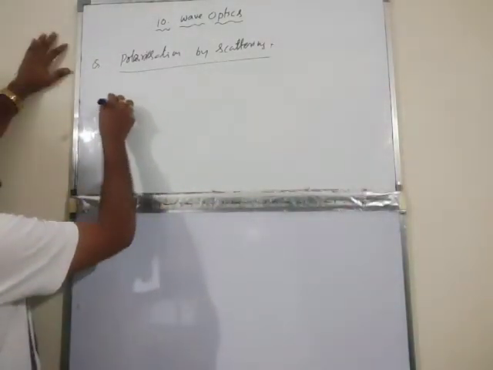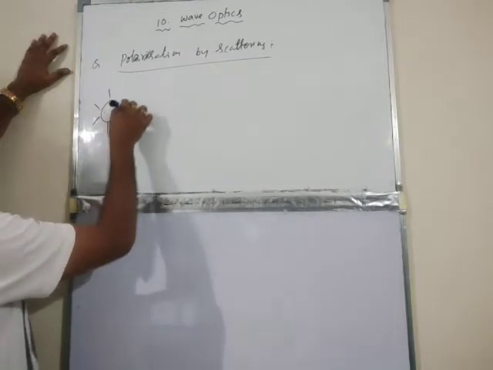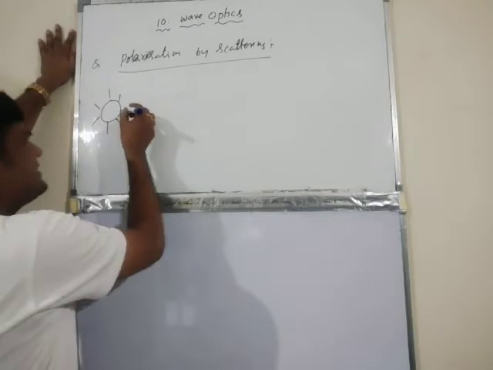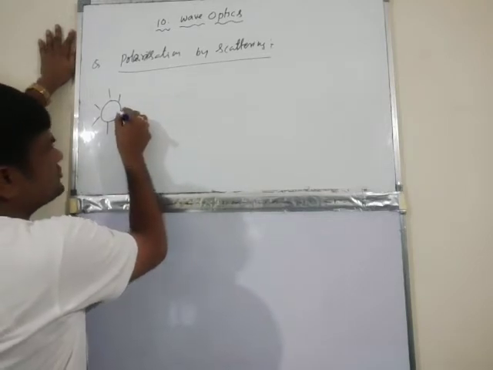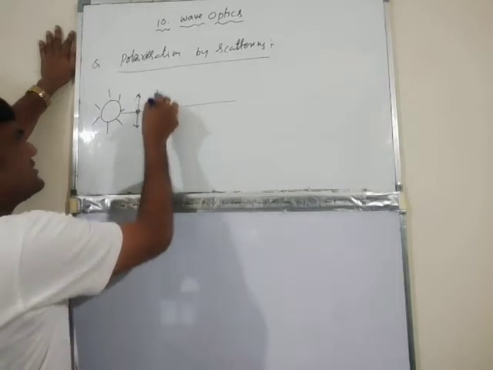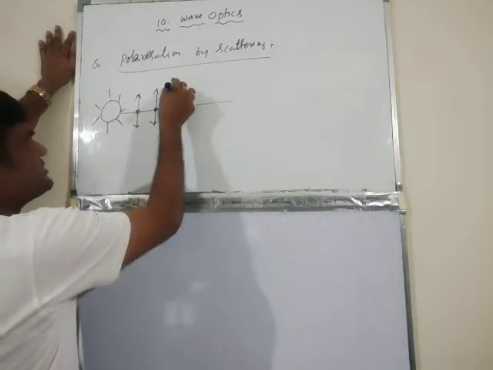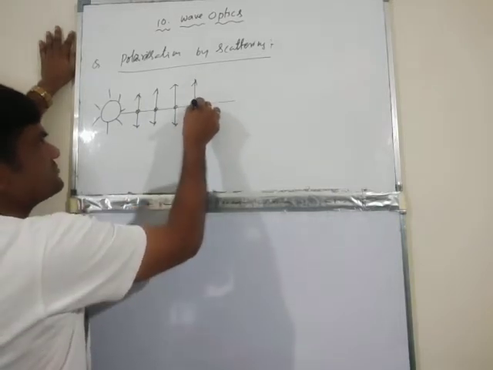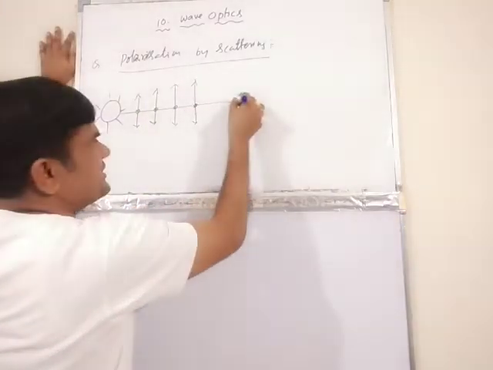This is the sunlight. Sunlight is unpolarized light. So it will come in this direction. For example, this unpolarized light comes in this direction into the air. Here air molecules are there.